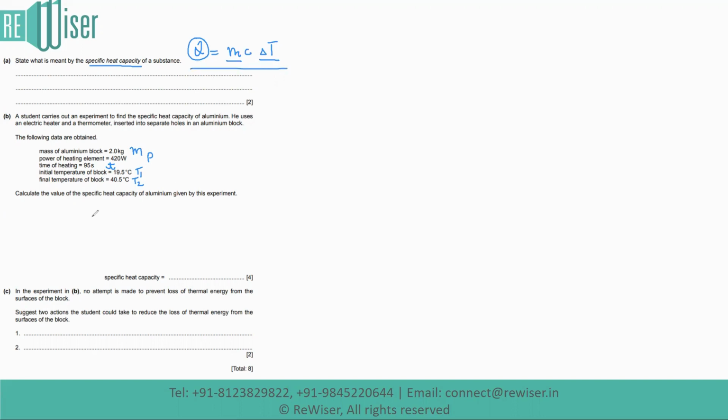As dictated before, the formula is Q equals mc delta T, or mc (T2 minus T1). Substituting, we have mass as 2 kilogram. We have power supplied and time. We can use this to calculate heat. Since power is energy over time, we can rewrite this formula as energy is equal to power into time.